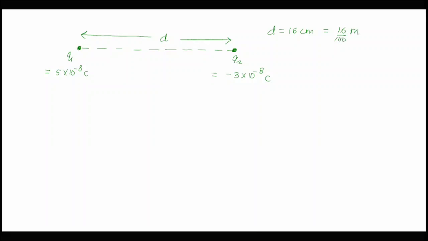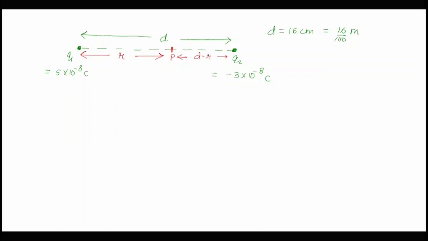So let us consider that the potential is 0 at a point P, which is at a distance r from the first charge, and hence this separation is going to be d minus r.